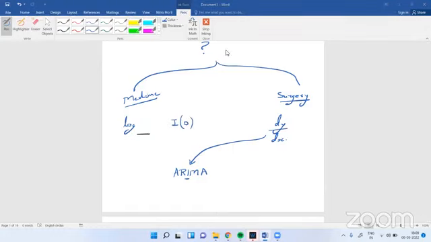That's the reason we say it is medicine. But if I take dy by dx, it is a first differentiation and your series becomes I1. If I take the second differentiation, the series becomes I2.